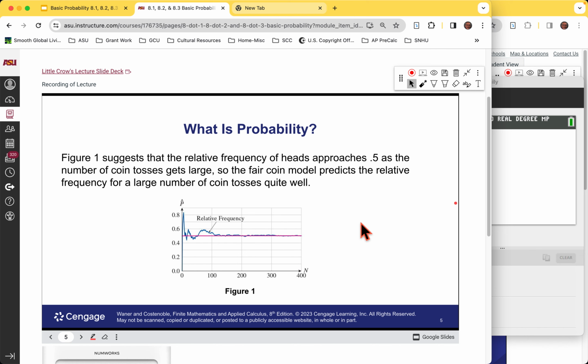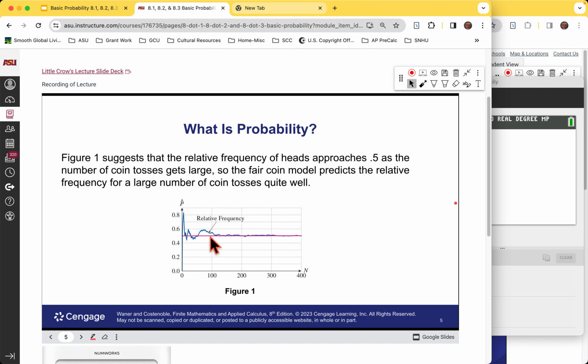What happens, though, is that if we do it a lot of times, we get closer and closer. Here's a relative frequency of getting a head as we flip the coin. This is maybe like 75 times, and we're almost at 60% heads.